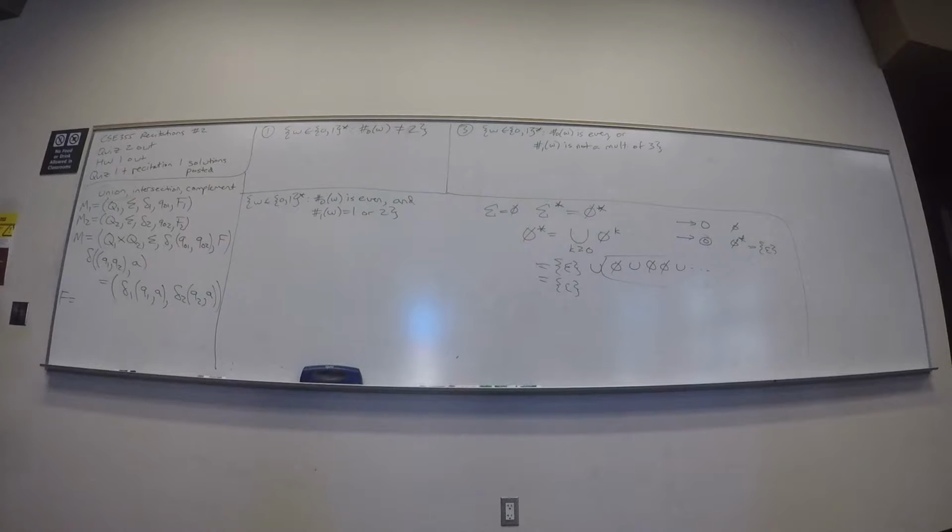Well, I think the final states are a set, right? So final states are a set, so I'm going to write down a set. What are the states of this machine? Ordered pairs. So I better write down a set of ordered pairs here. So I'm going to write down again Q1, Q2.